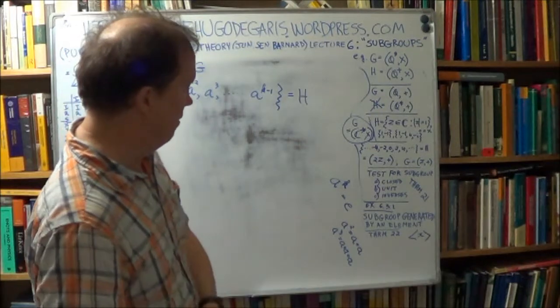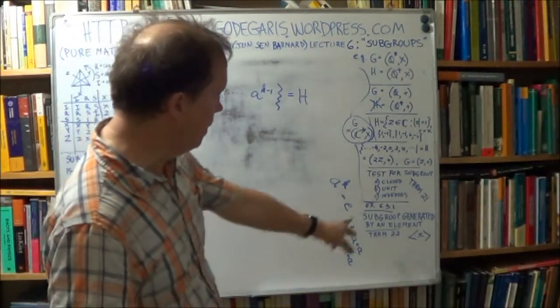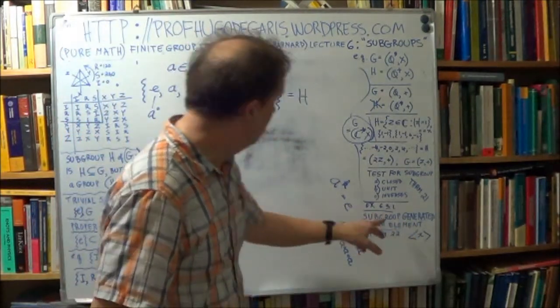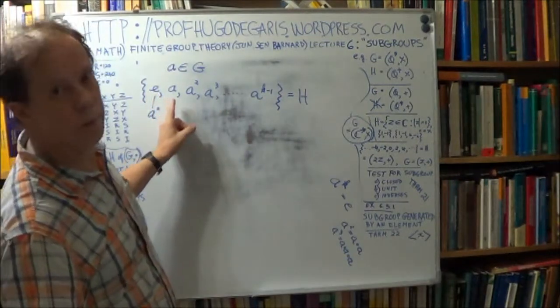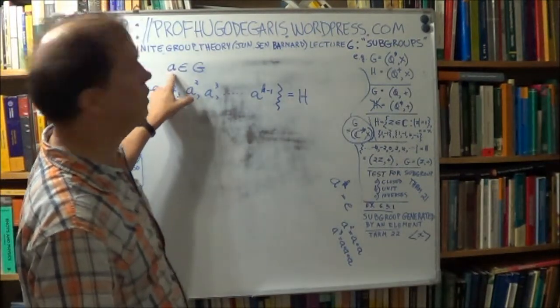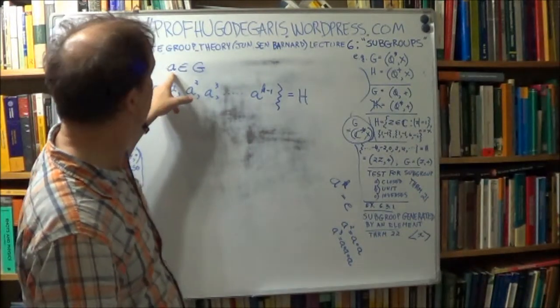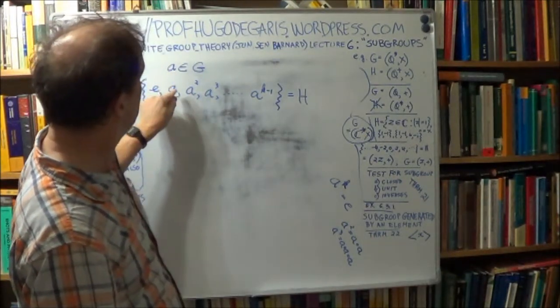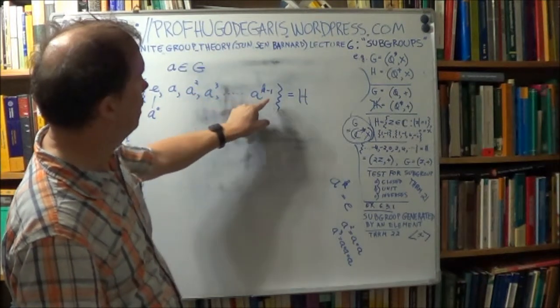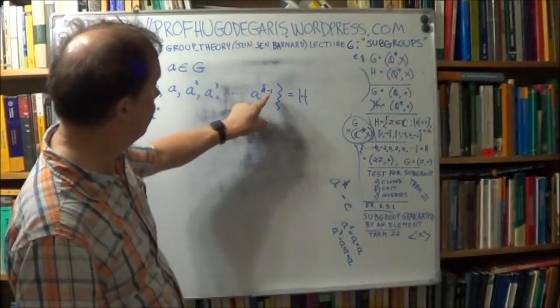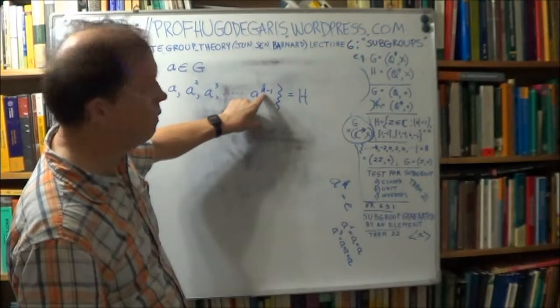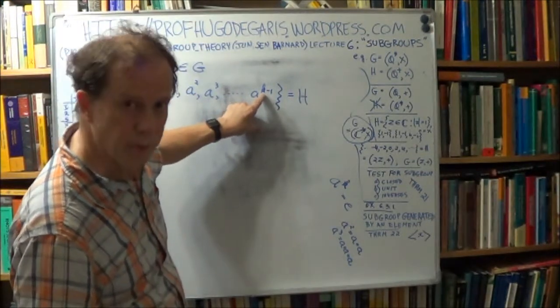what we're going to do now is show that this set of all the powers of, and this is true for any element, right? You can take any element of your group and you calculate all its powers up to 1 less than the element's order.